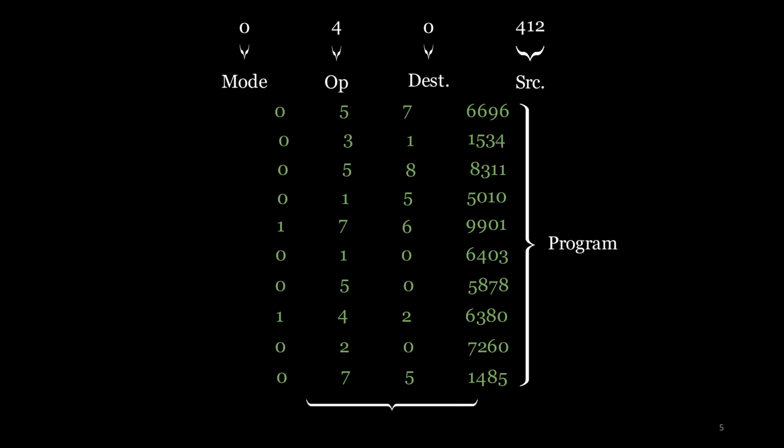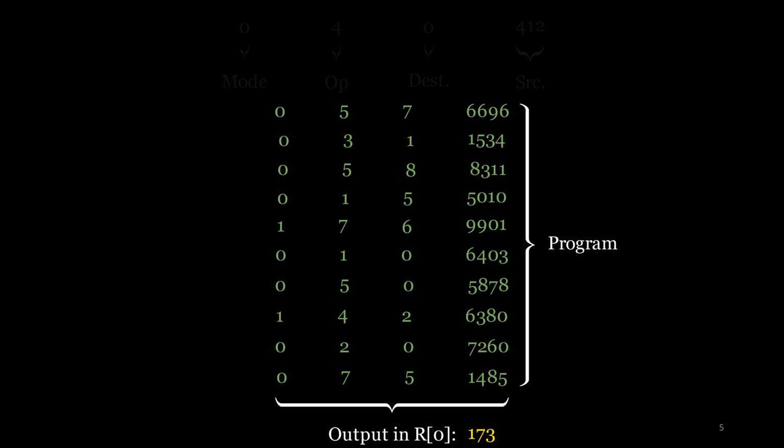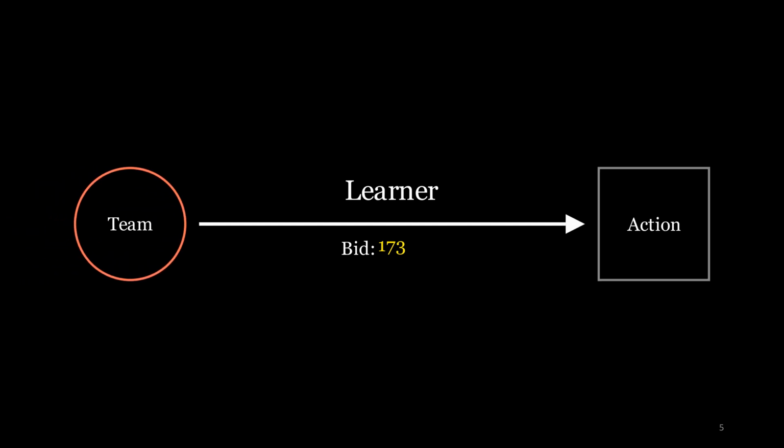A collection of these instructions form a program, and after we run this program on an input vector, we will create some sort of value in R0 that acts as the bid for the learner that encapsulates the program. Learners are attached to teams and can point to either a discrete action which we can apply to the game state or other teams, in which case we would begin the bidding process again. Keep in mind that teams can have multiple learners.